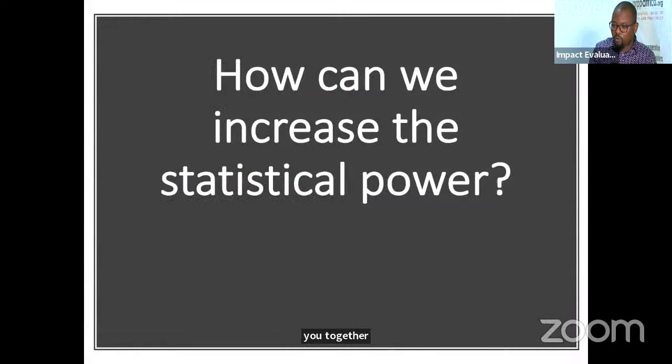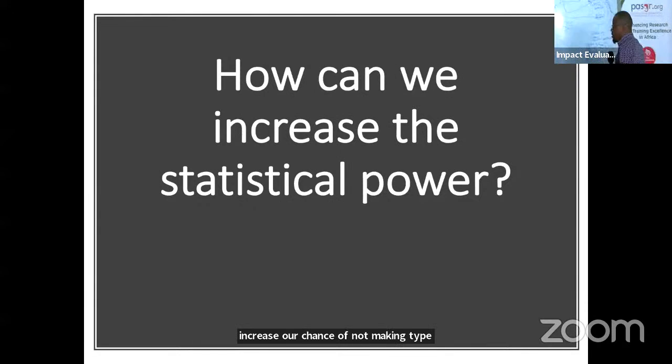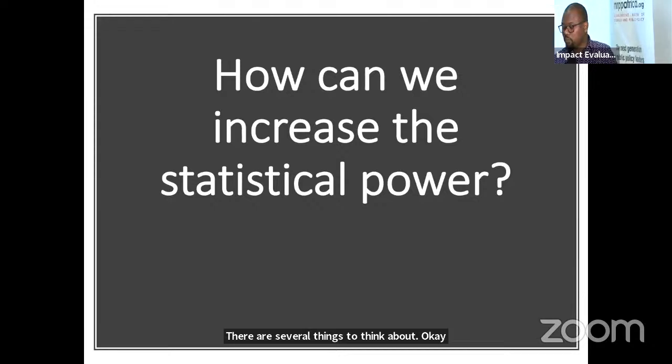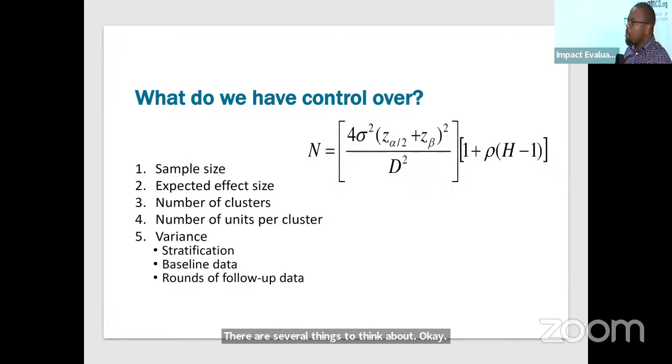Now, how do we increase statistical power? How do we increase our chance of not making type 2 error? In other words, how do we increase our statistical power? There are several things to think about. So first of all, what do we have control over?